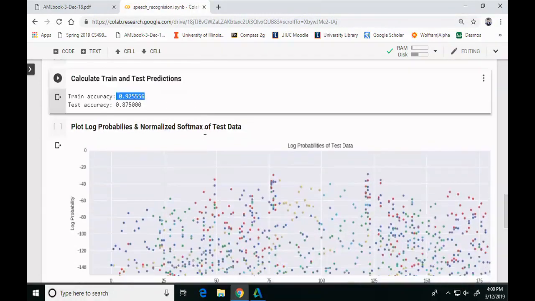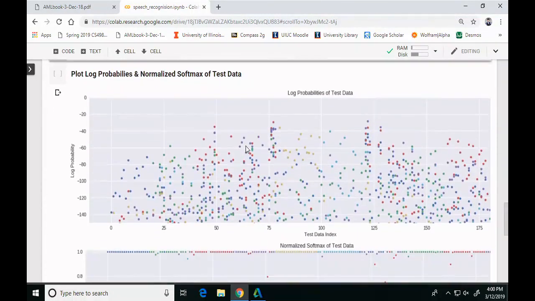We can look at how the probabilities came out. Again, we usually use log probabilities, because remember we're talking about very small probabilities. When you have a chain of very small probabilities and those chains are very long, your probabilities get very, very small. So these are the log probabilities that actually came out.